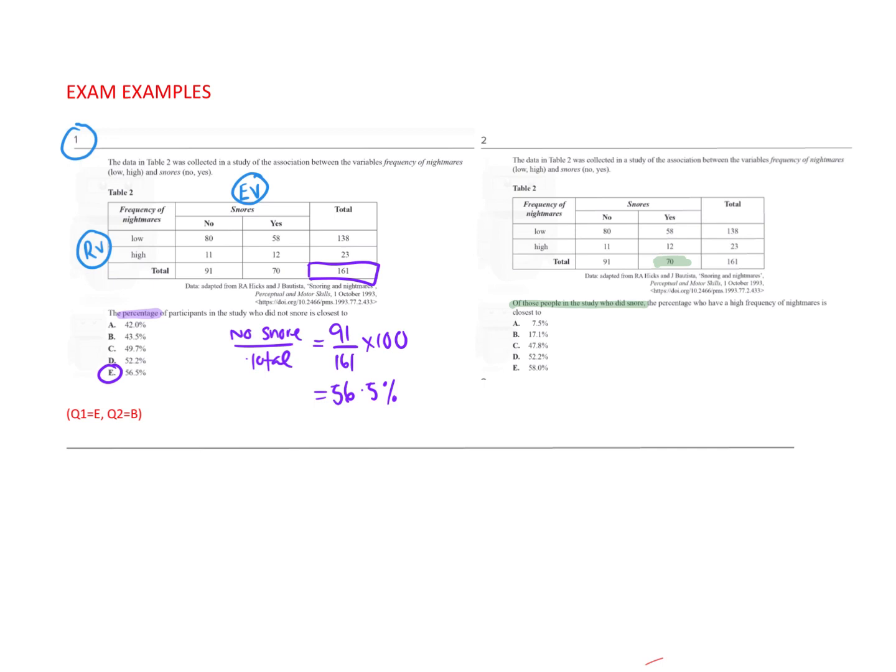And if we look at the high frequency nightmares was 12. So when we're calculating this, we're going to say 12 out of the 70 times 100, because they were only talking about the snoring. So you've got to be careful with reading the question. And that ended up being 17.1%, which is how we get B.